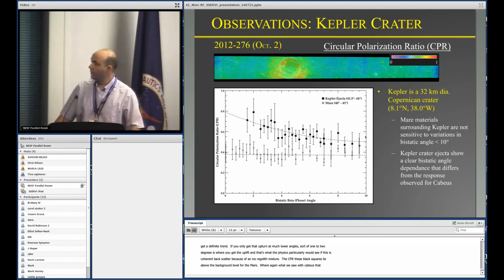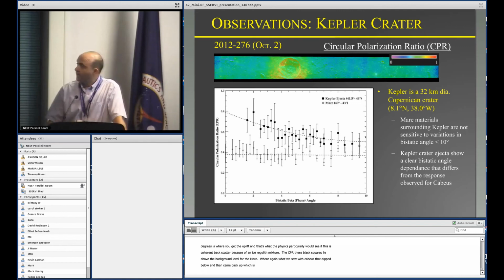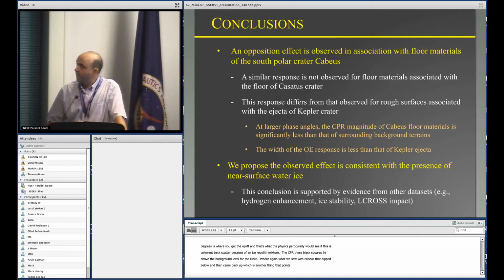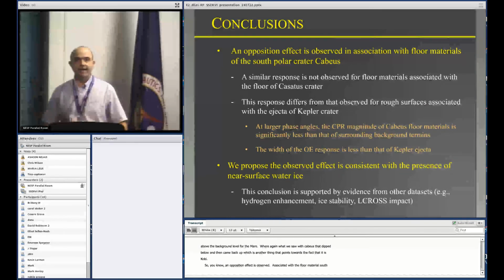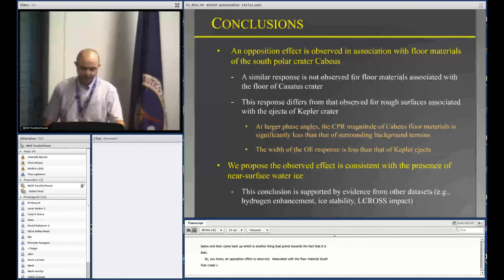The other thing to notice is that these black squares lie above the background level for the mare, whereas with Cabeus the CPR dipped below and then came back up, which is another thing that points towards Cabeus being ice.